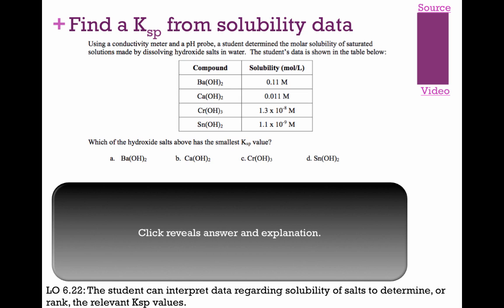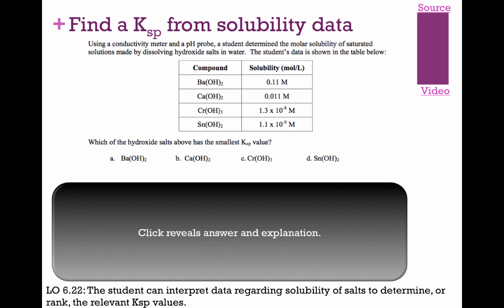And then we can look at the tin. So 1.1 times 10 to the negative 9th times 2.2 times 10 to the negative 9th. Oh, look, I forgot to do what I just warned everybody against. Don't forget to cube, or square.